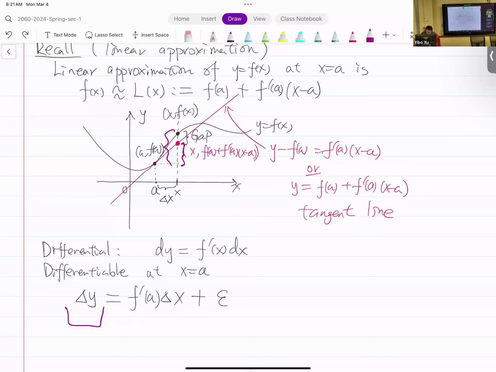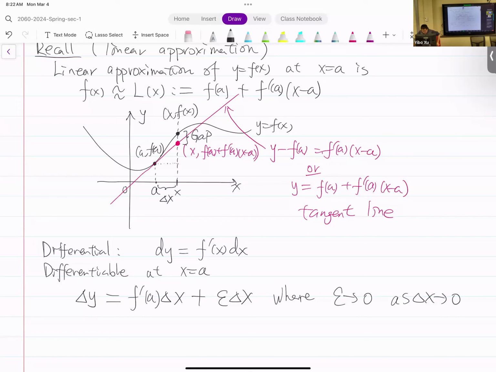Okay. So there's a gap, right? The gap is represented by epsilon times delta x right here. And this epsilon represents the gap over the changing x. And this epsilon goes to 0 as delta x goes to 0.